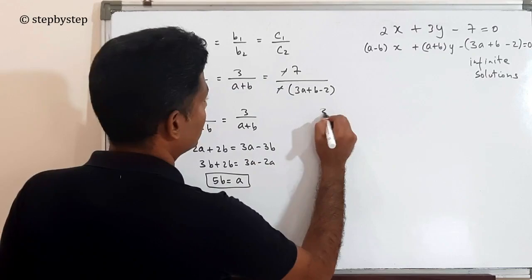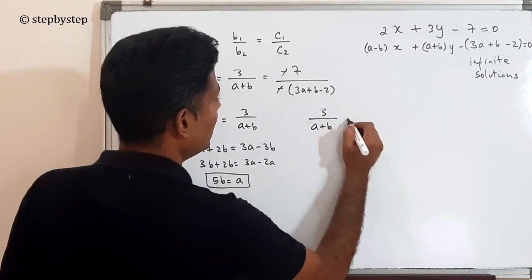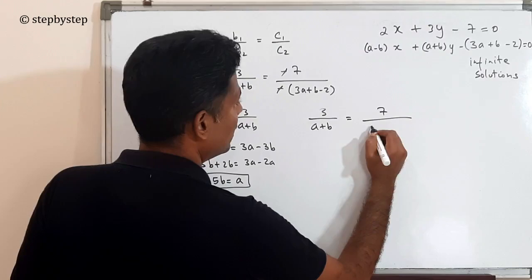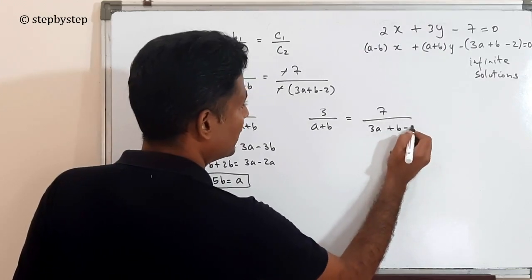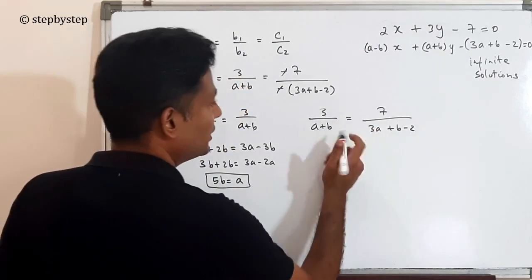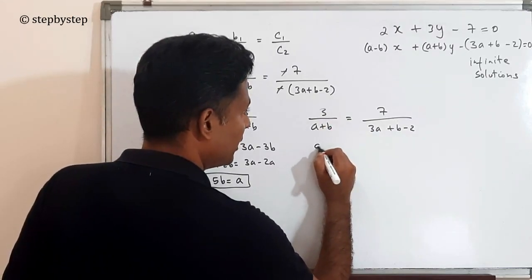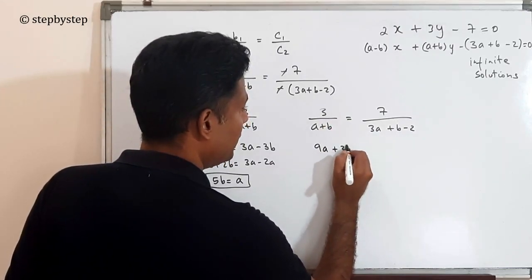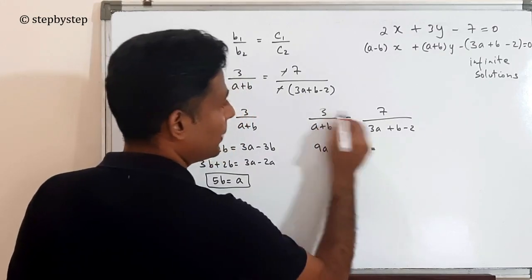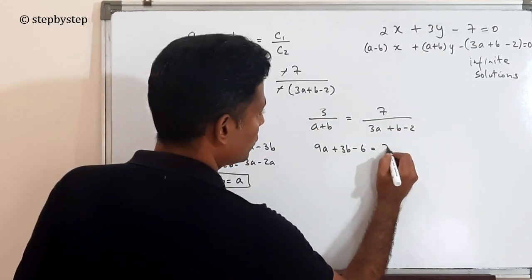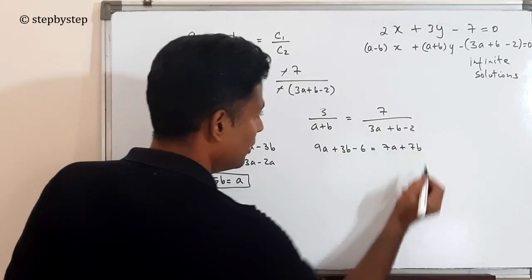So now using this, 3 by A plus B equal to 7 by 3A plus B minus 2. I transpose, I get 3 into this. So it becomes 9A plus 3B minus 6 when I multiply 3 by the whole equation, equal to 7A plus 7B.